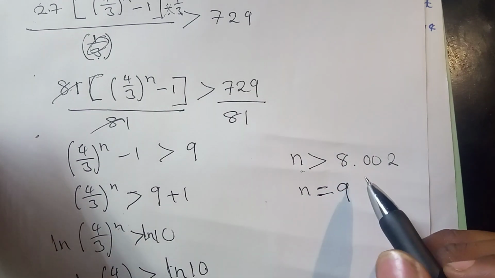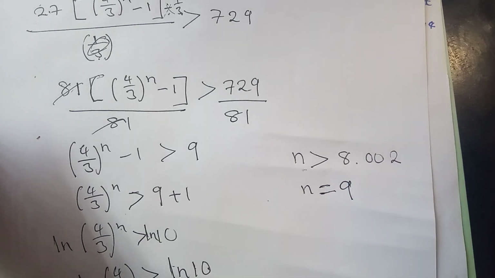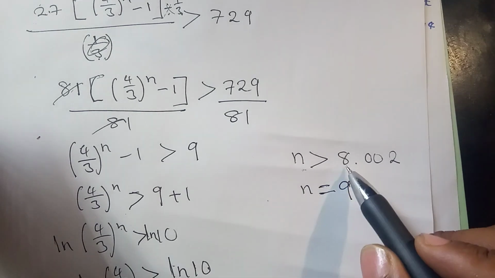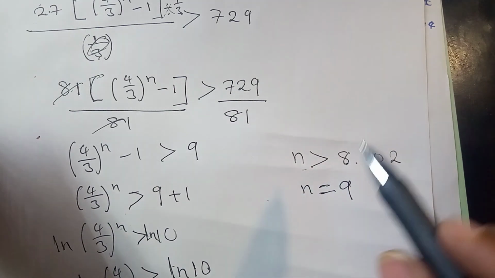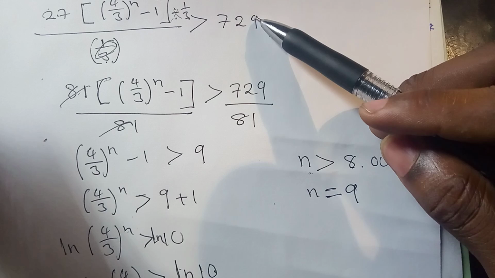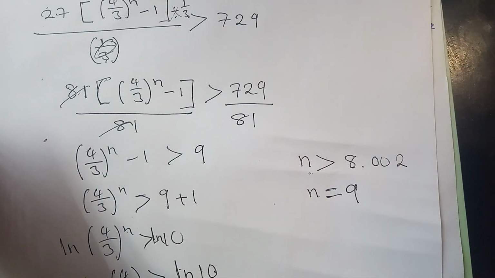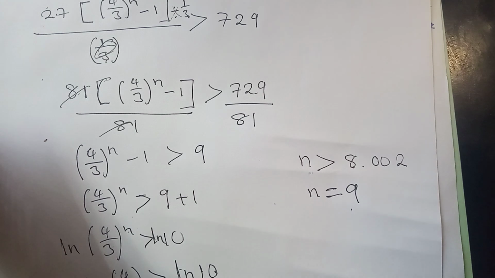You don't have any other number other than a 9 which has those properties. So if I was to use an 8, I'll realize that the sum will be slightly less than this 729. But the moment I go above 8, I use a 9, for example, which is the smallest possible number to give me these properties, then I'll be able to get the desired answers.